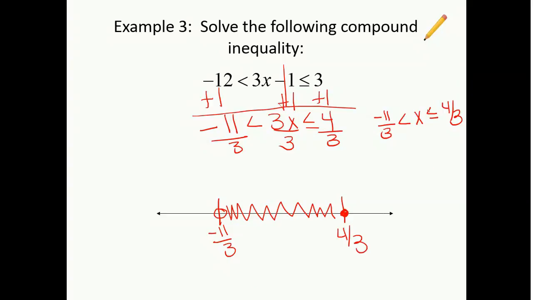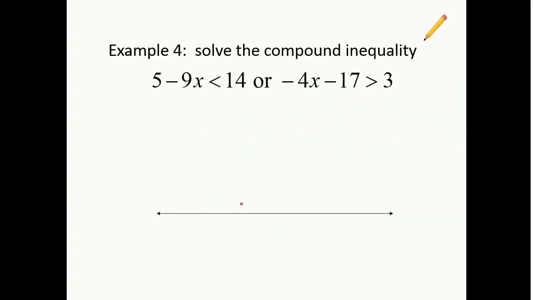And if x is less than or equal to 4/3, he's got to go that way. Notice how they're both in the middle. That is actually something that AND inequalities will do almost 95% of the time. You will see them always go towards each other on their graph. Sometimes, rarely though, they'll go away from each other. The graph that goes away from each other is usually what's known as the OR inequality.